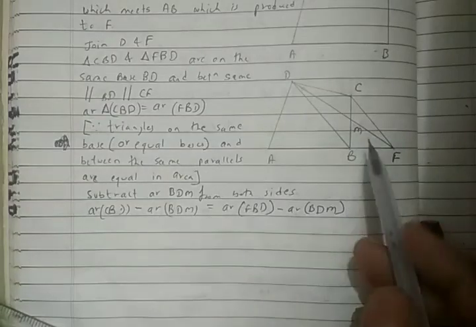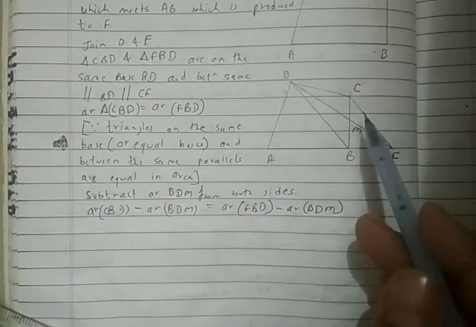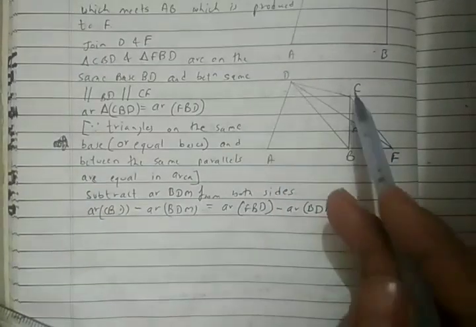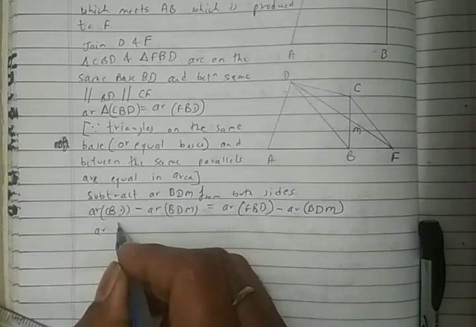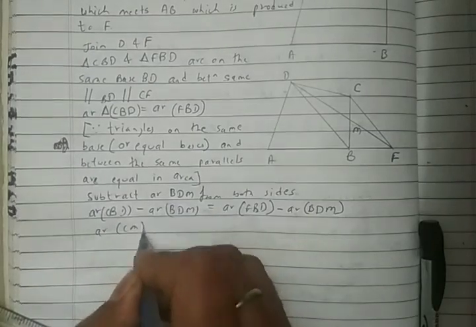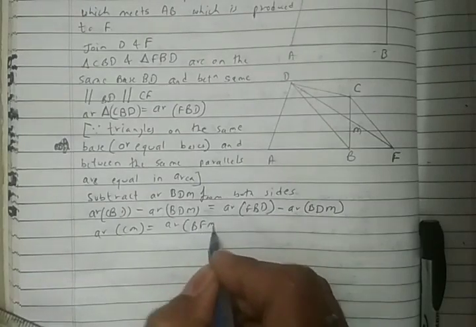Now when you subtract BDM from CBD, we get CMD. So what will remain? Area of CMD will be equal to area of BFM.